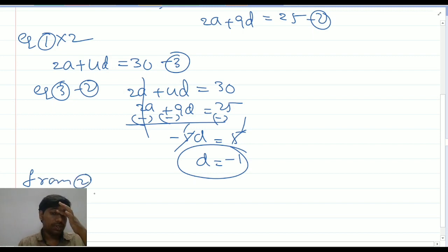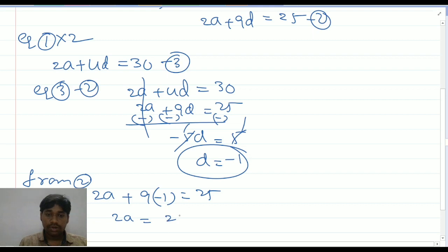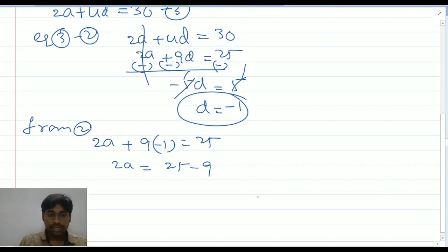So from equation 2, 2A plus 9 into minus 1 is equal to 25. So the 2A value is 25 minus 9. If you do it, then we are getting 16. So 2A is 16, then A is equal to 16 by 2, it is 8.